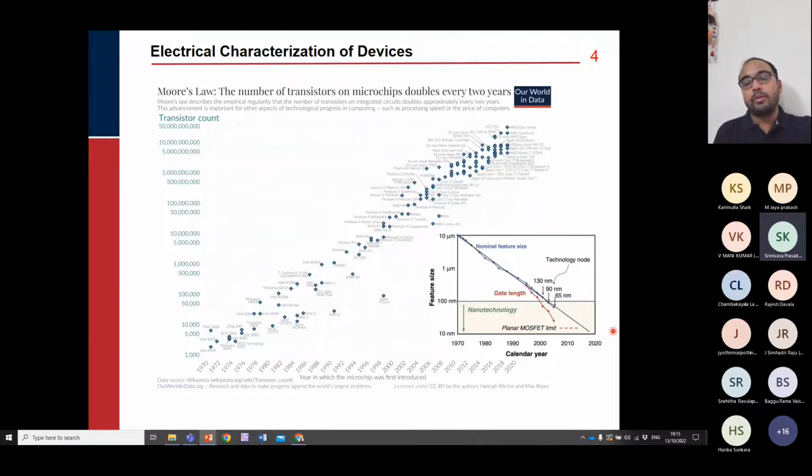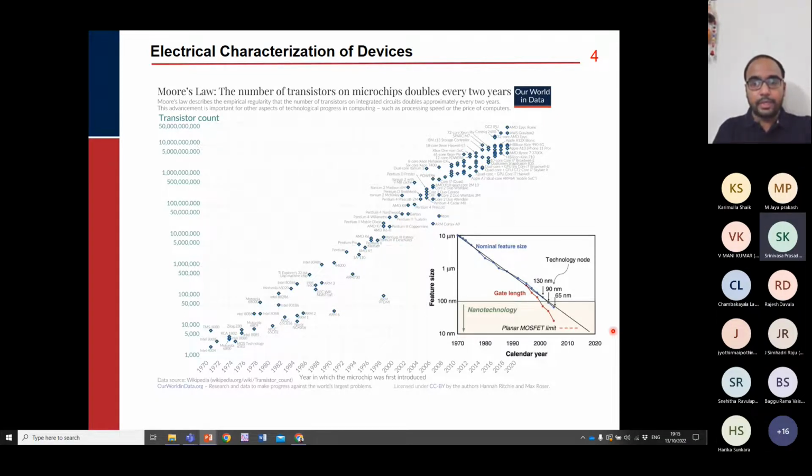So we cannot scale these transistors down indefinitely. We have to think of some alternative technology, and that is the area of nanotechnology, where systems are made at the nanometer length scale, and that will give us new types of behavior, which we will see subsequently in the coming slides.